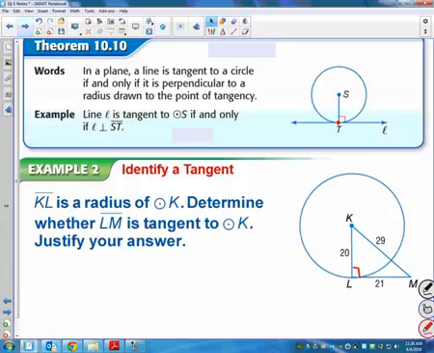If we can prove that this is a right angle, then we can say it's tangent. So Garrett, what could we do to do that? Pythagorean theorem, right?